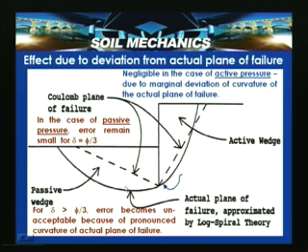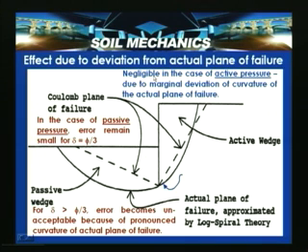Now there is a deviation. The deviation is very clear from this figure. It is minimal in the active case, but it is maximum in the passive case, where the difference cannot be ignored and may not be acceptable. This is the actual failure plane, and this is what has been assumed as a plane for the sake of convenience in the analysis by Coulomb.